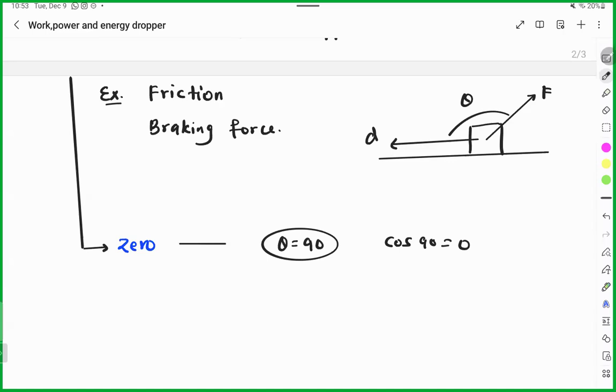So there are three possible factors. One, if you are not applying any force, work done is zero. If there is no displacement as such, again work done is zero. Example, the angle is zero, you are applying force on the wall but the wall is not moving. Displacement is zero, so work done is zero. And last, theta should be 90.